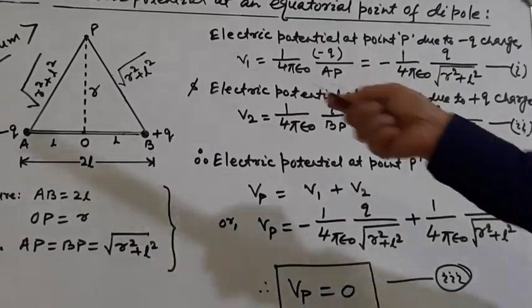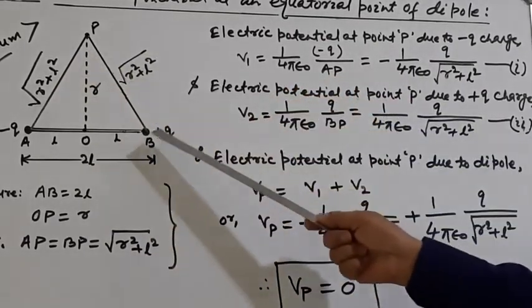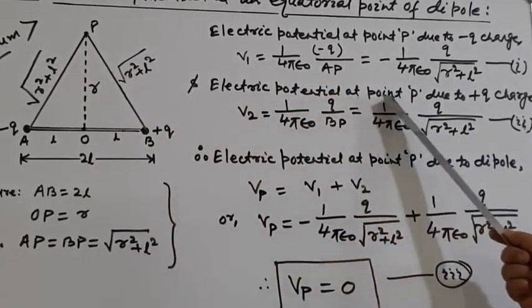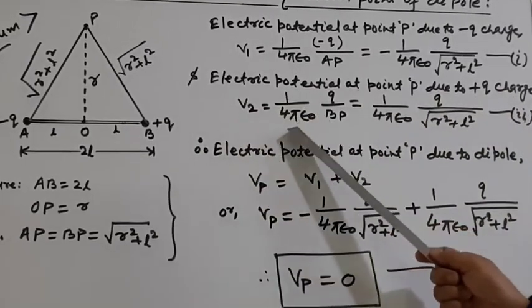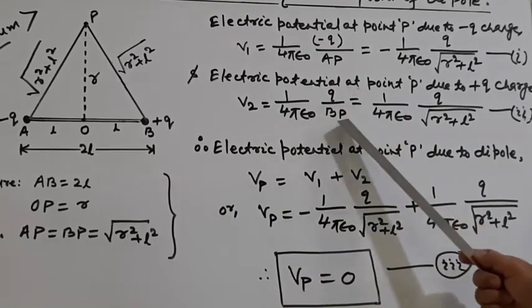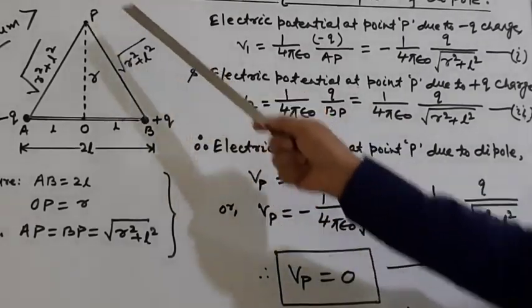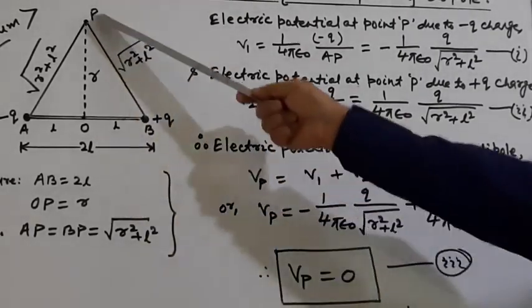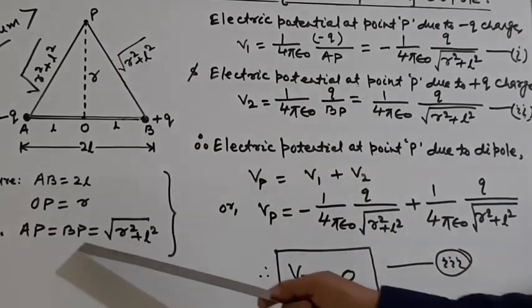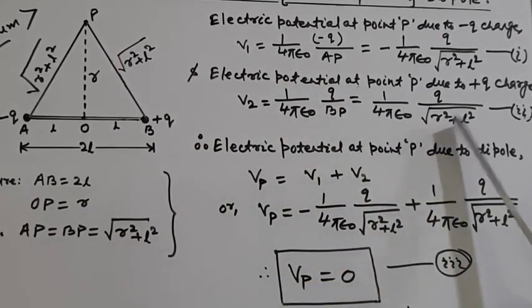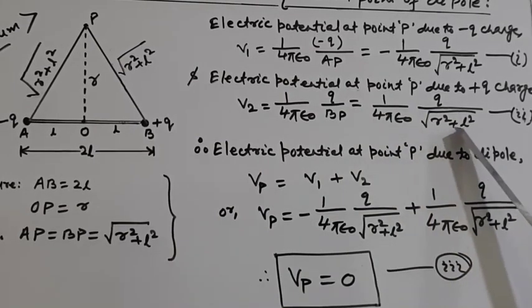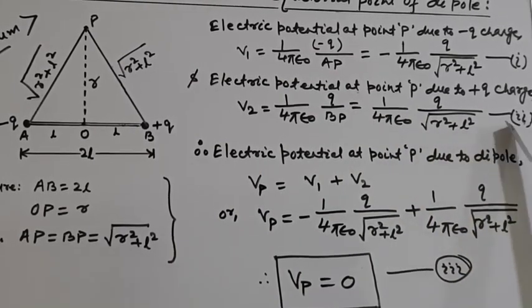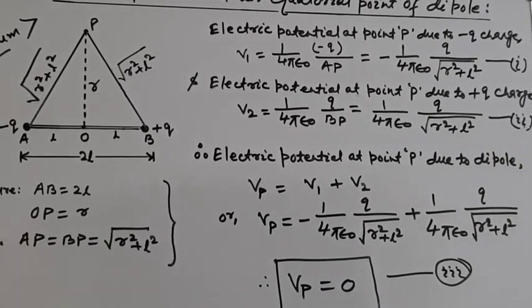And again, the potential at P due to plus Q charge, suppose it is V2, 1 by 4 pi epsilon naught plus Q by the distance BP from the charge to the point, and BP is also under root R square plus L square. So 1 by 4 pi epsilon naught Q by under root R square plus L square, equation number 2.